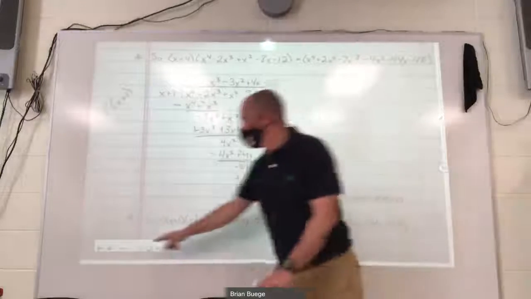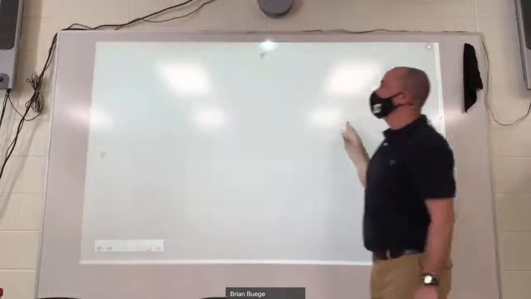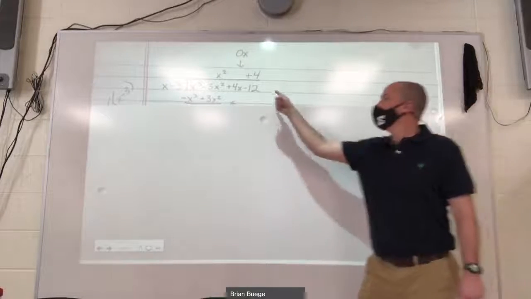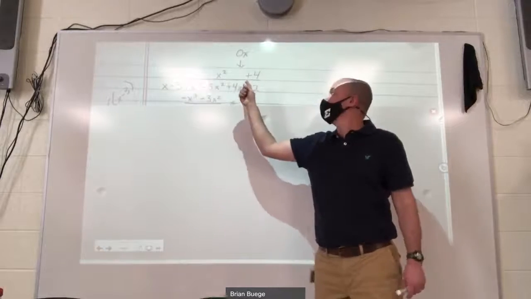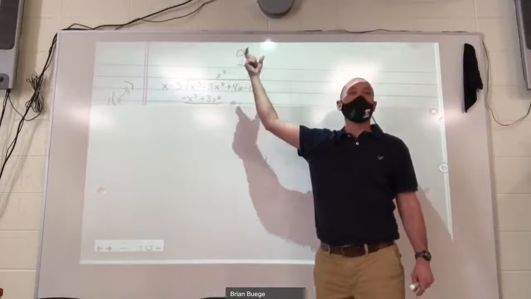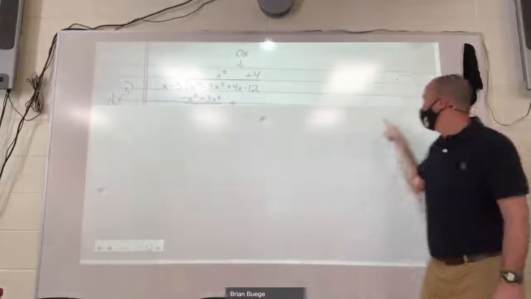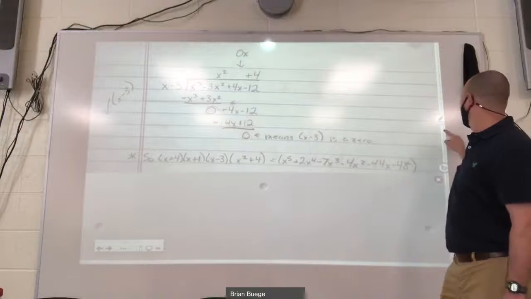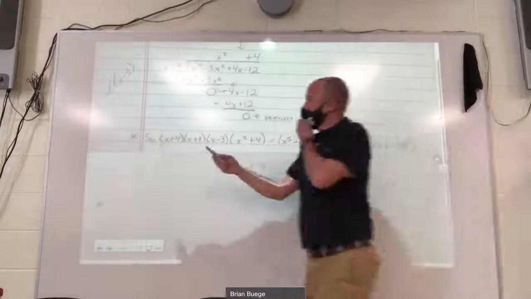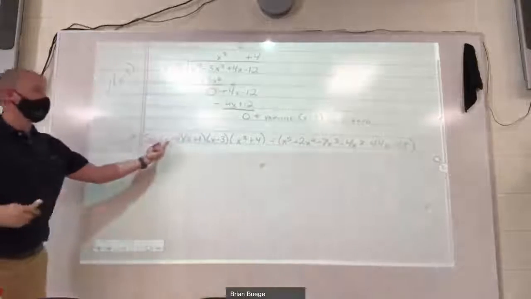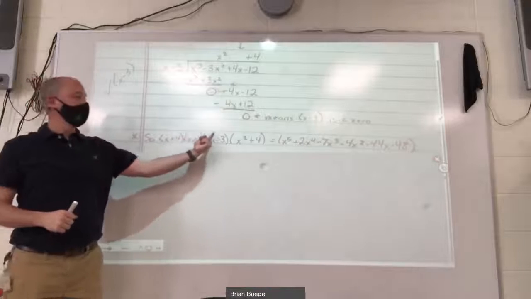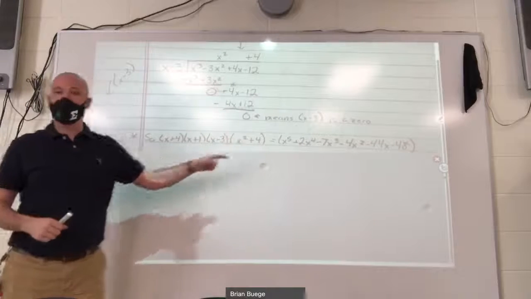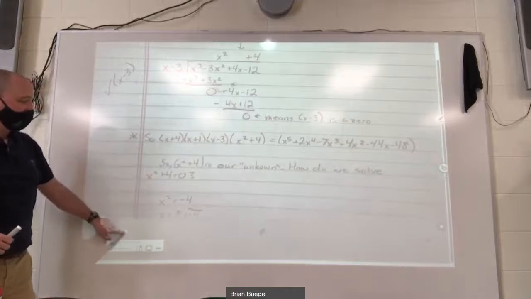Here's why I'm going to this to finish out. If you took the last factor, the x minus 3, along with the cubic that you just got, here's what you would end up as. Remember, we were trying to get that last quadratic factor? So what that tells me is this: zero number 1, zero number 2, zero number 3, and now you can take your last quadratic factor and solve it.